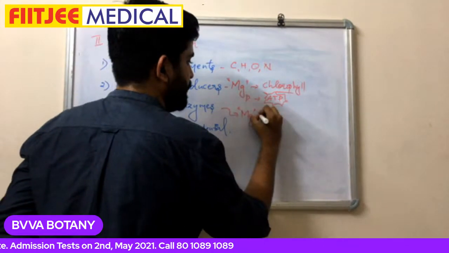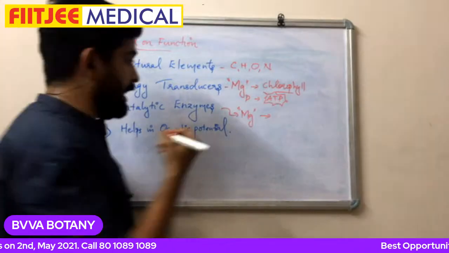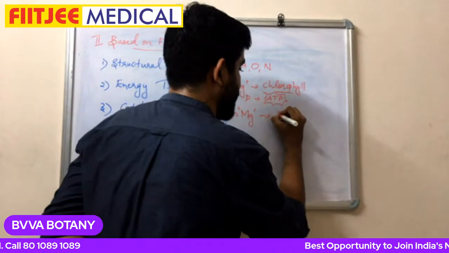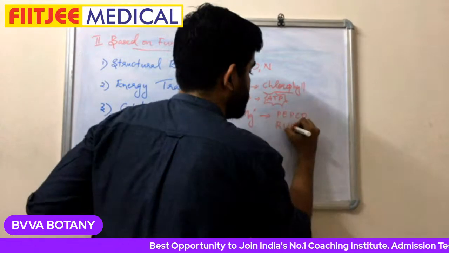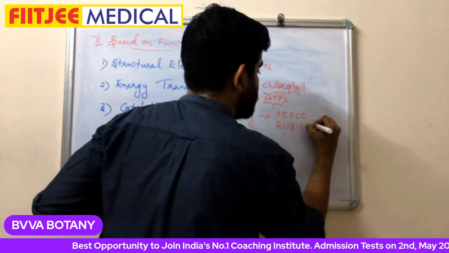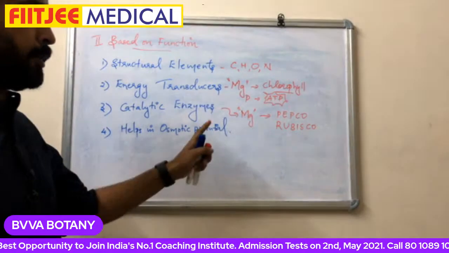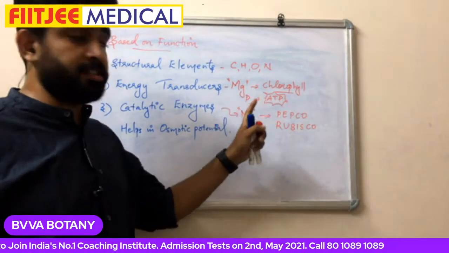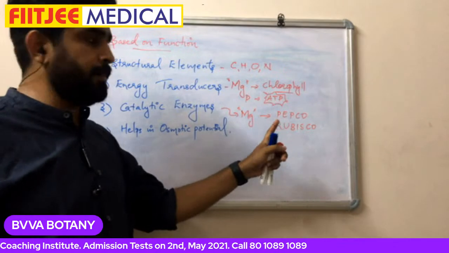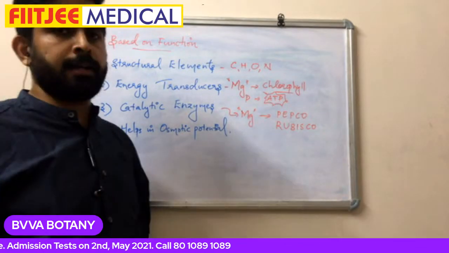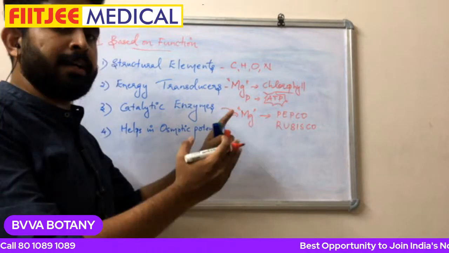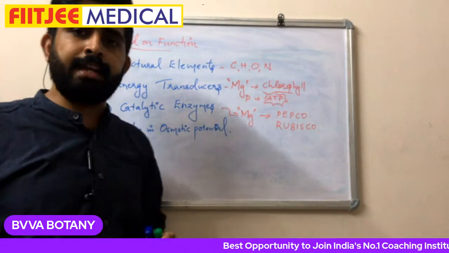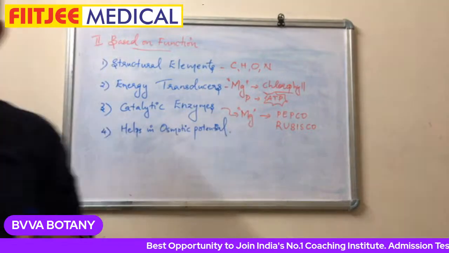So magnesium helps in the activation of two enzymes, PEPCO and rubisco. The two enzymes you will see in the photosynthesis chapter: phosphoenolpyruvate carboxylase, and rubisco, ribulose bisphosphate carboxylase oxygenase. So PEPCO and rubisco have an element activator, magnesium, right?